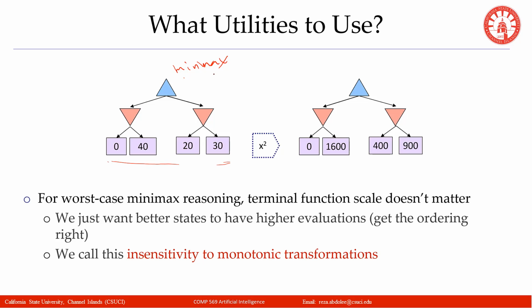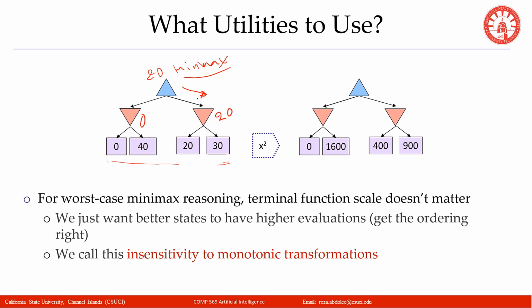If you take a look here, minimax is going to choose 40 here. Sorry, that's a minimizer, so it's going to choose 0 here. This one is going to choose 20, and therefore the final value is going to be 20. And therefore the route that we are going to take based on this result is this right route.